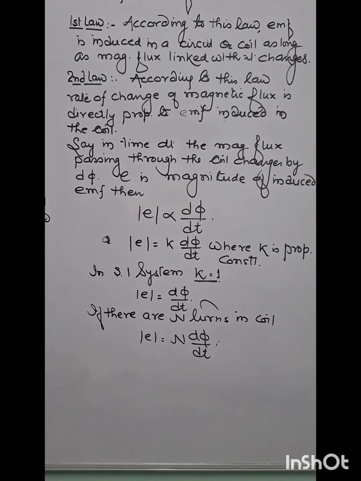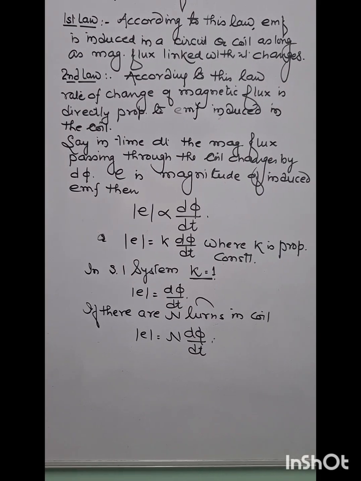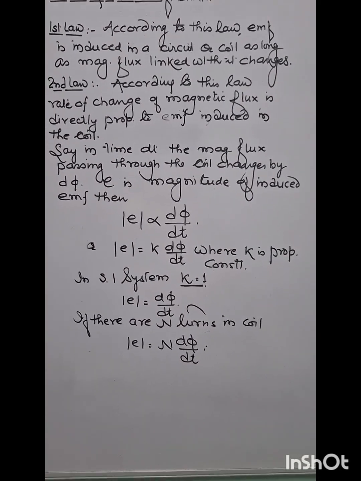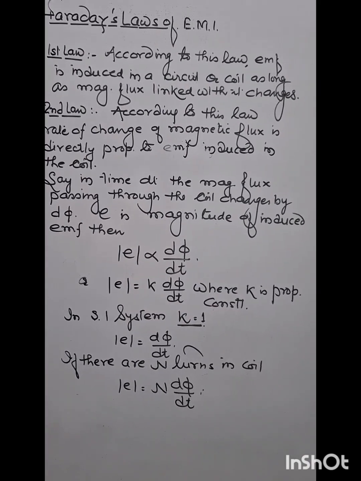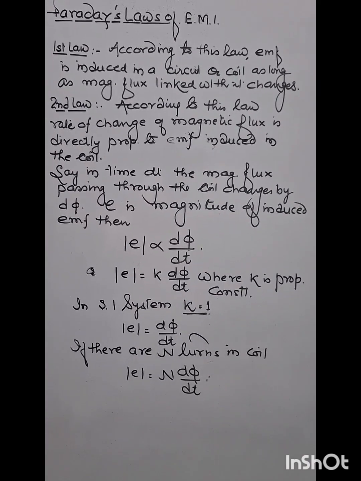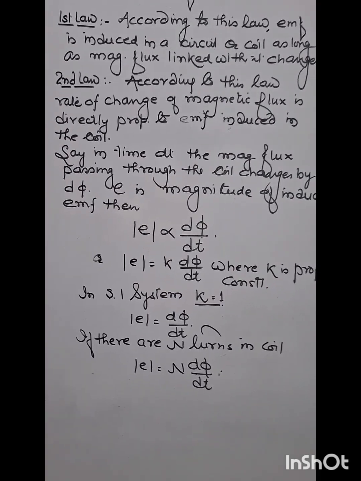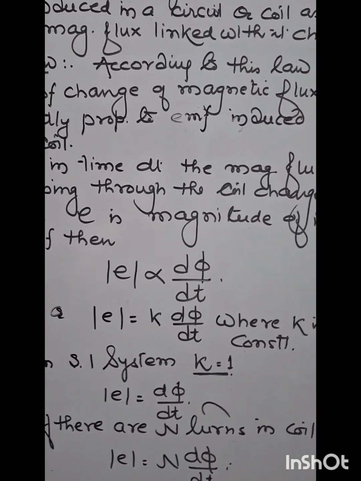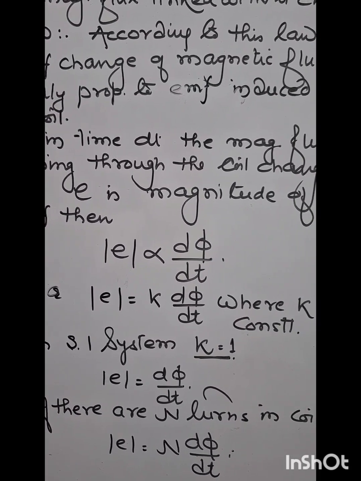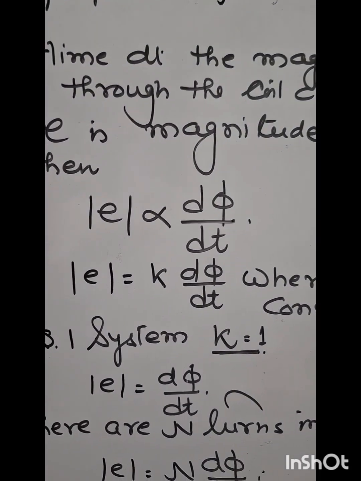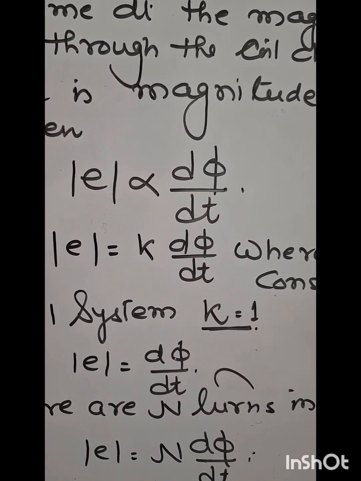Now, second law. According to the second law, EMF induced in a coil is directly proportional to the rate of change of magnetic flux. Suppose dφ is the change in magnetic flux in time dt. Then the magnitude of induced EMF is proportional to dφ/dt.